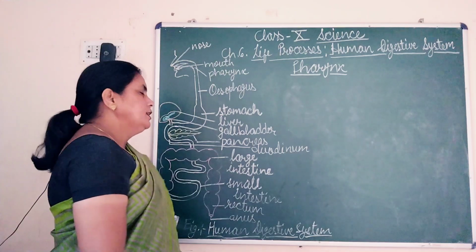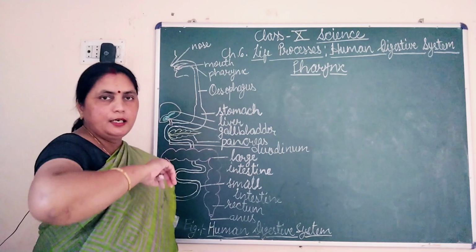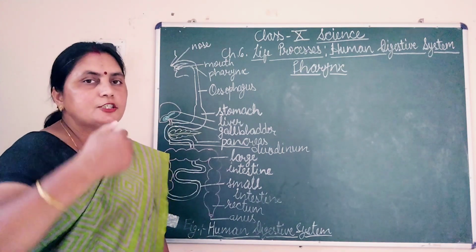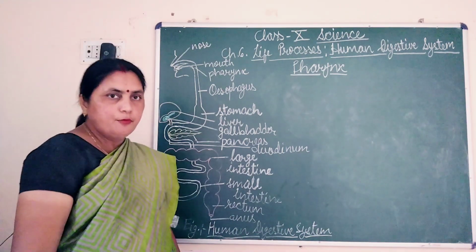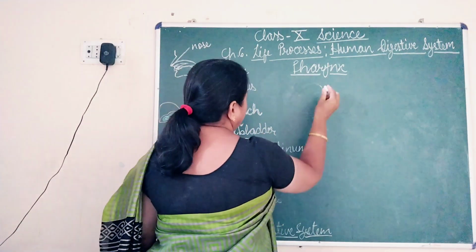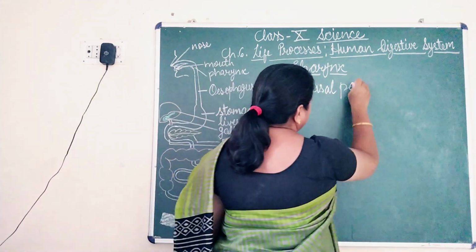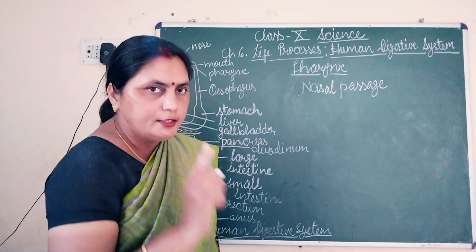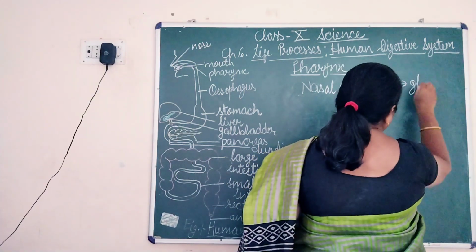Now the question arises that when the nasal passage opens into pharynx and the buccal cavity also opens into pharynx, will there not be any problem in swallowing food or in breathing? No, children. There will be no problem, because, I should say first, the nasal passage opens into pharynx with an opening known as glottis.